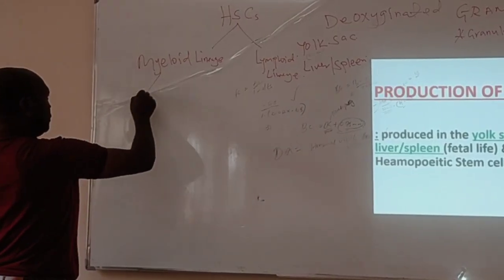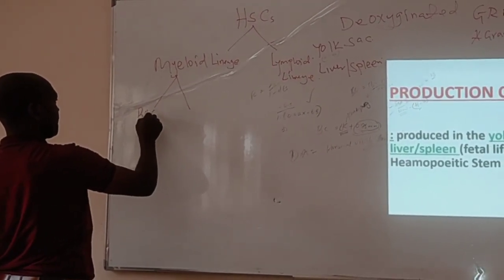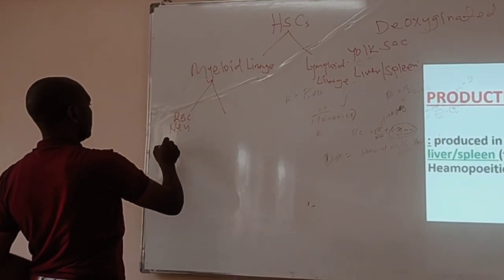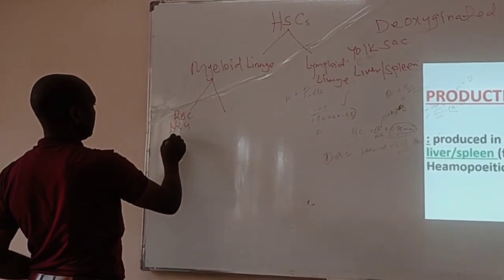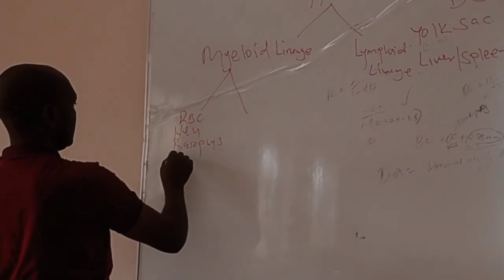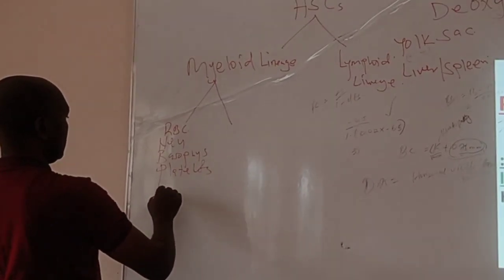So from the myeloid lineage, we get the red blood cells, the neutrophils, the basophils, platelets, and monocytes.